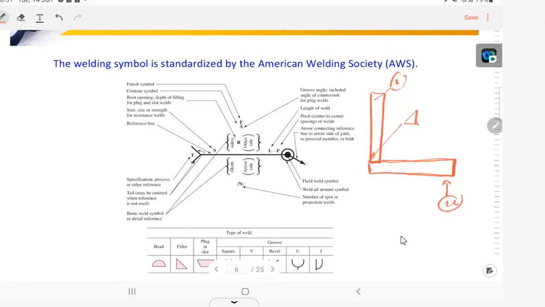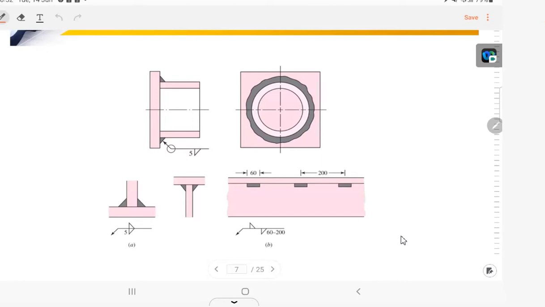This is a symbol of drawing. So you have either fillet type of welds, beads. So this is the H. Okay, like this. Symbol of drawing. If you generate your assembly drawing, it is to communicate to the fabricator.